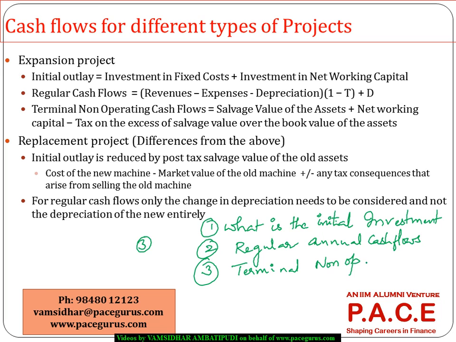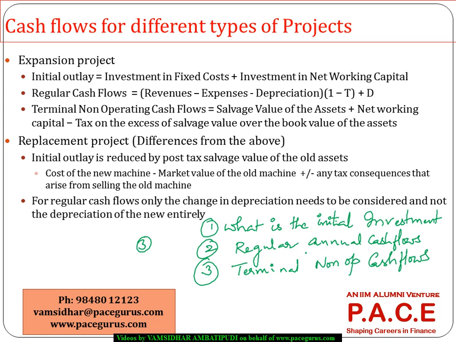The reason is that at the end of the project we are no more going to operate it. Whatever assets, products or equipment we are left with, we are going to sell off and get some cash flows out of it. That is what we call terminal non-operating cash flows, after tax.